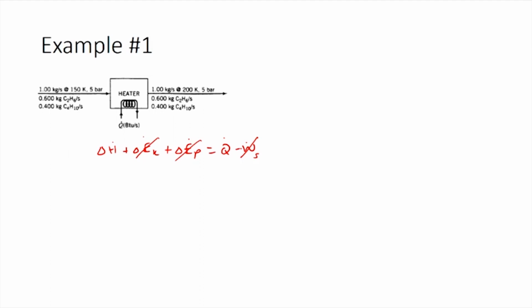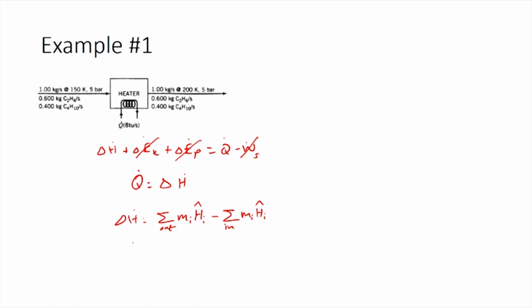This means the equation is simplified as Q̇ equals ΔḢ. So, the amount of energy which needs to be supplied in the form of heat would be equal to the change in enthalpy which would be seen for the system. This ΔḢ would be equal to the sum of mᵢĤᵢ in the outlet minus the sum of mᵢĤᵢ in the inlet.